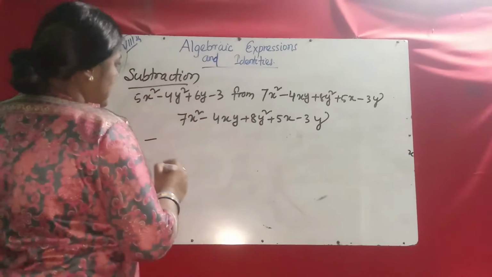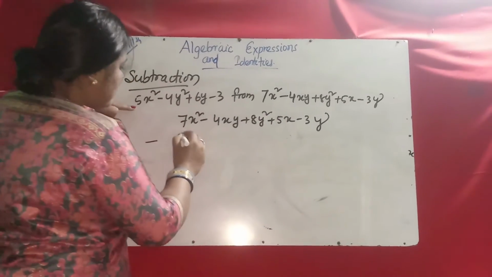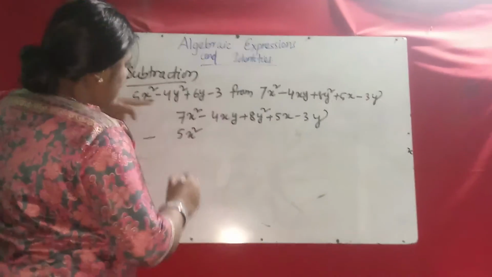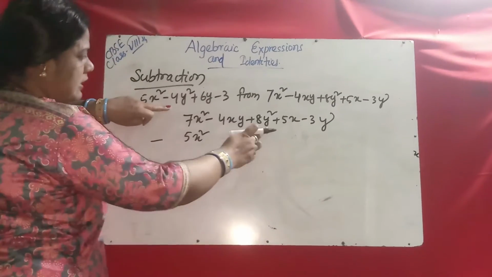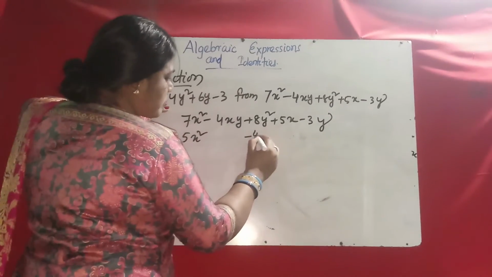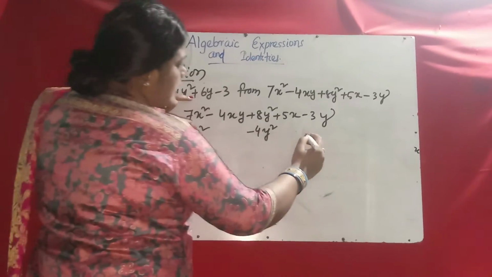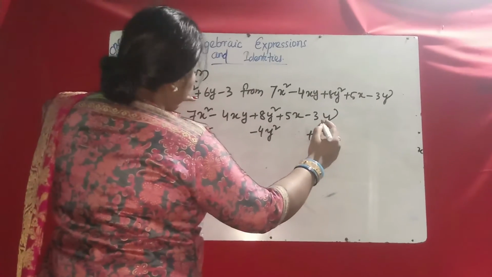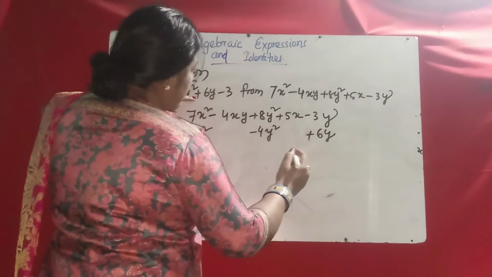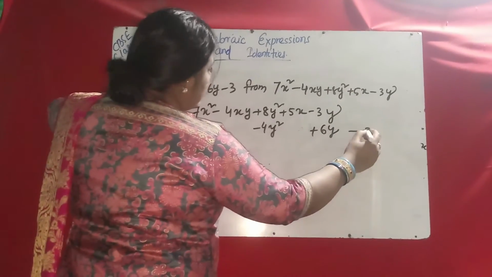Minus this one: 5x square, minus 4y square plus 6y minus 3.